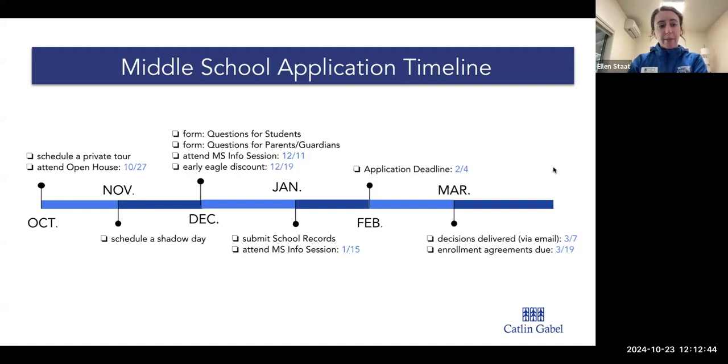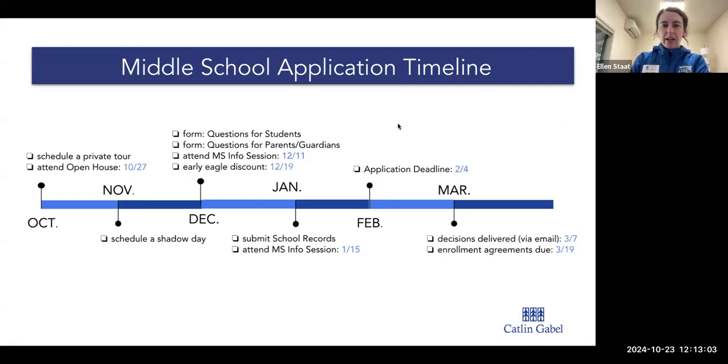We'll have options to come back and tour again, options for students to come back and have a shadow day again. We want to make sure that families are really confident that Catlin is the right fit for them. And then, yeah, enrollment agreements will be due on the 19th.